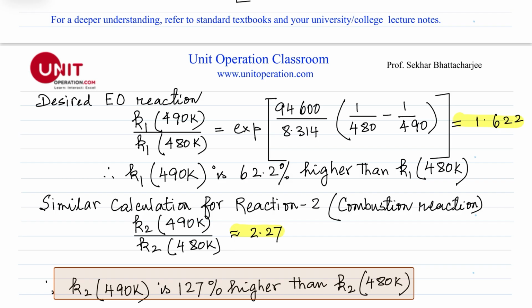So the value of k1 at 490 Kelvin would be 63.2% higher than k1 at 480 Kelvin. Similar calculations for reaction 2, the undesired reaction, show that k2 at 490 Kelvin is 137% higher than k2 at 480 Kelvin, for the same 10 degrees Celsius temperature rise. Here it is only 62% and here it is 127%.